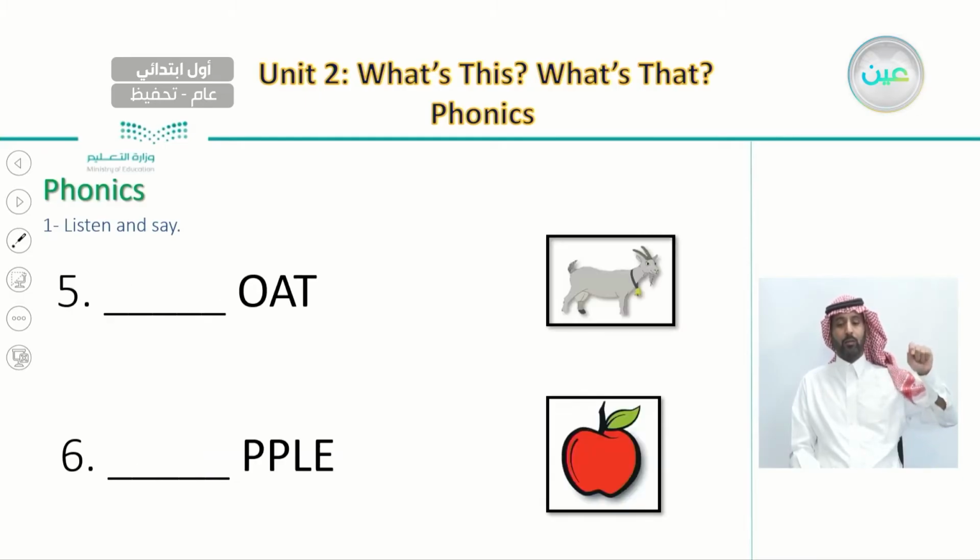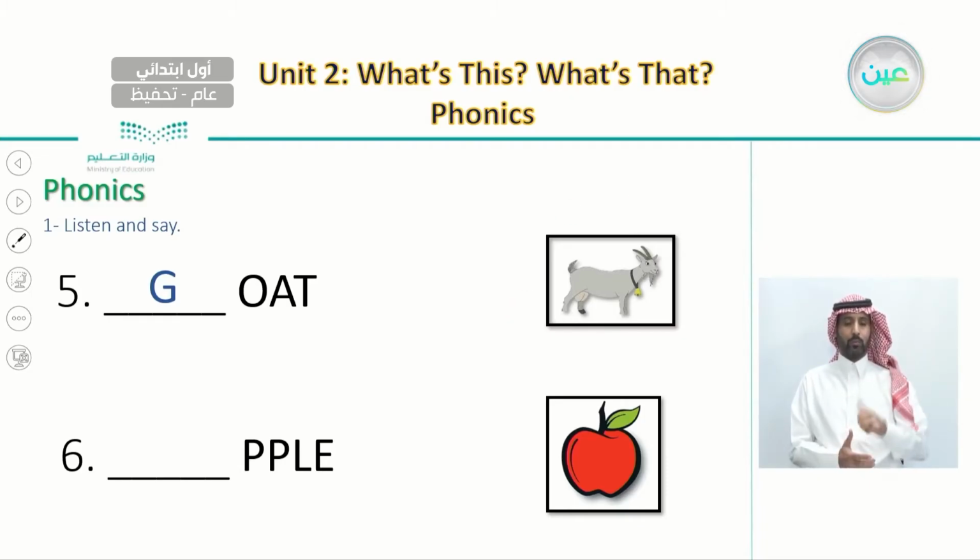Number 5, G, say goat. Here we have letter G. We pronounce it as goat. Goat. This is a goat.